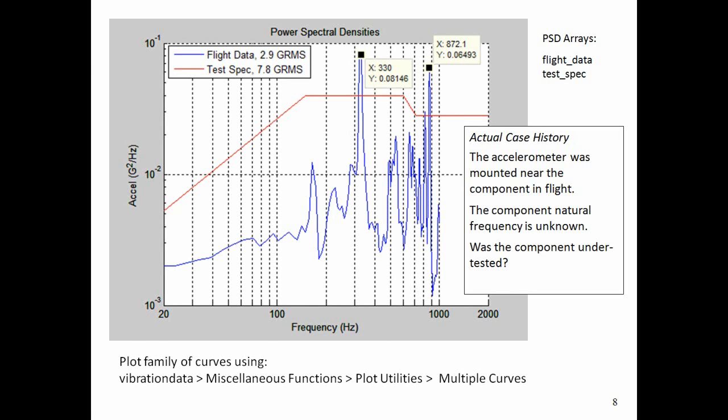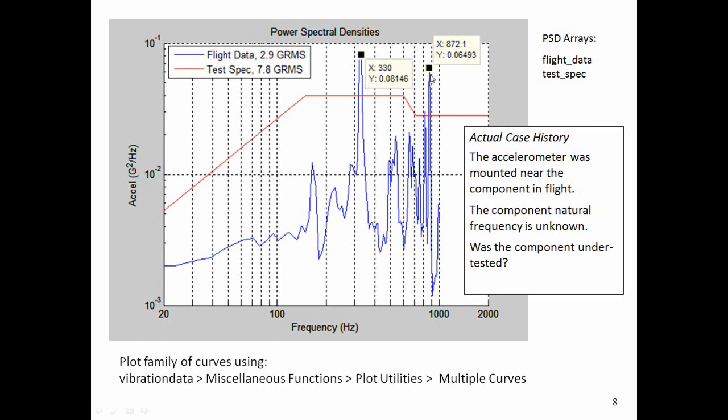So the question is, was this component under-tested? Well, if we knew what the natural frequency of that component was, that would help us answer that question. Now, if our natural frequency of our component was 330 hertz, then it would seem that our component was under-tested.